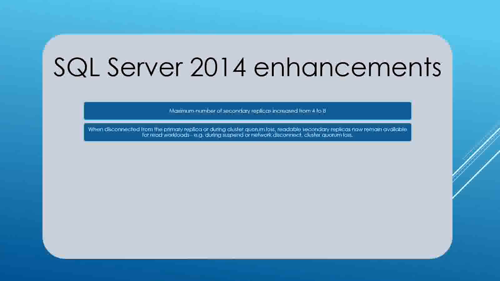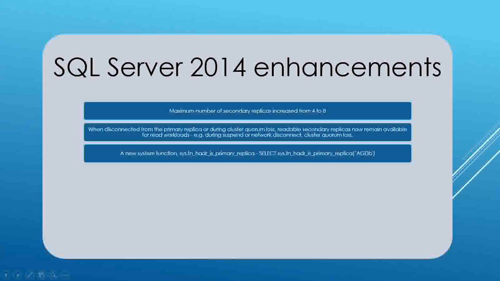So in 2014, this has been enhanced so that even if there's a disconnection, or even if there is a cluster quorum loss, the readable secondaries are still available for read workloads. It's all in the spirit of high availability. Just because one part of the cluster is down, we don't want the readable secondaries also to be down.